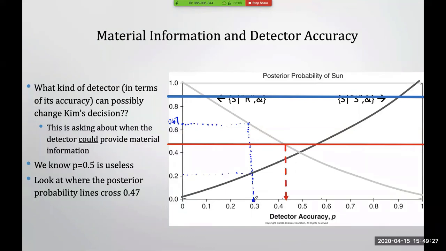When accuracy is 0.3, the posterior belief of a sunny day given a rainy day message will actually be very high, which will change Kim's decision to a porch party, which is useful and material information since it changes Kim's decision from indoor to porch when the message is rainy.